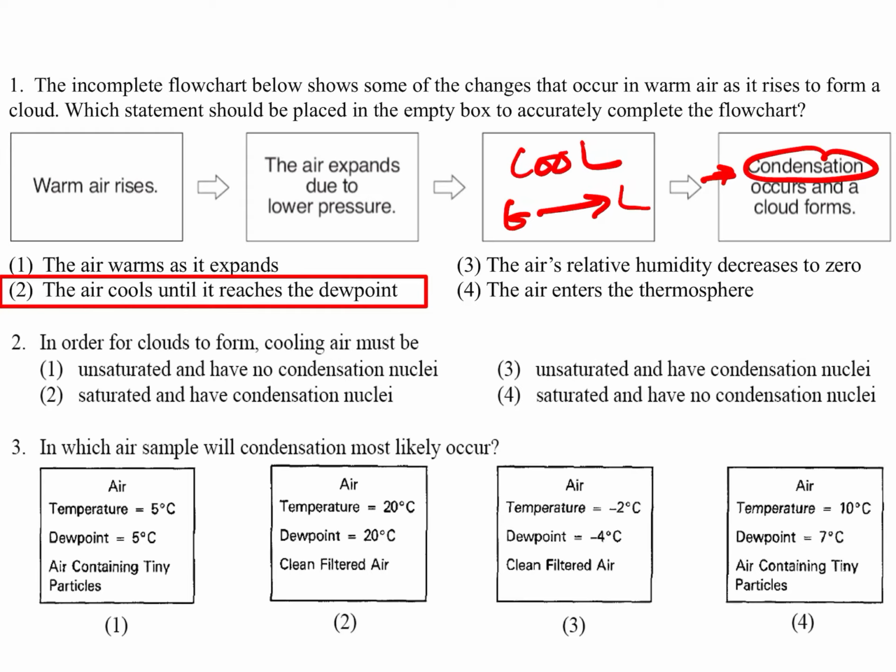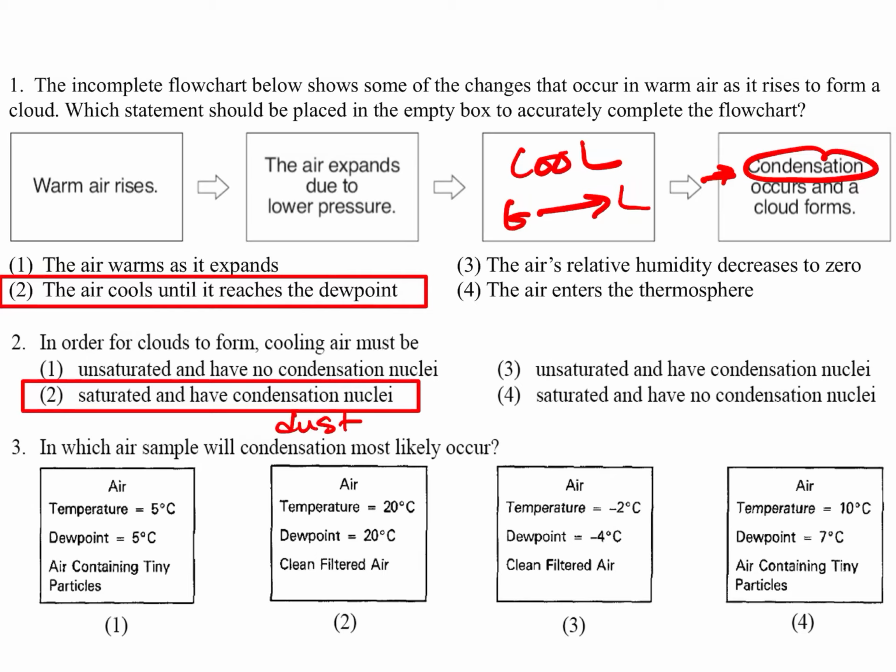Number 2, in order for clouds to form, cooling air must be saturated. It gets filled up with all that water vapor, and then it's going to have those little dust particles, the condensation nuclei, for the droplets to form around. All right, number 3, in which air sample will condensation most likely occur?